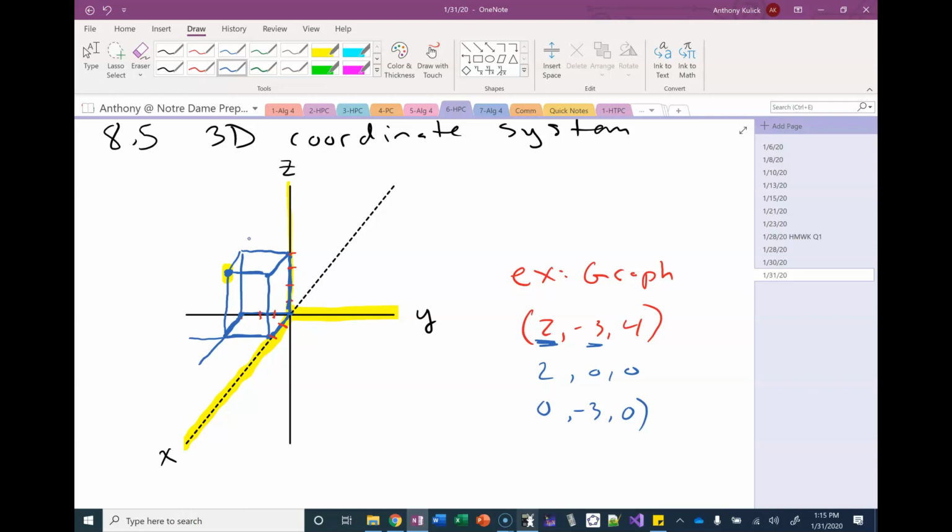So to plot these points is not easy to just draw it on a sheet of paper like we can in 2 dimensions. We have to draw our 3D space and then make sure that the point is in the correct corner of that 3D space.